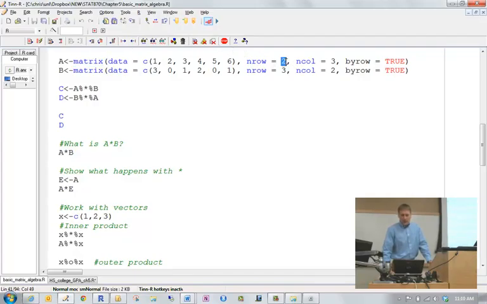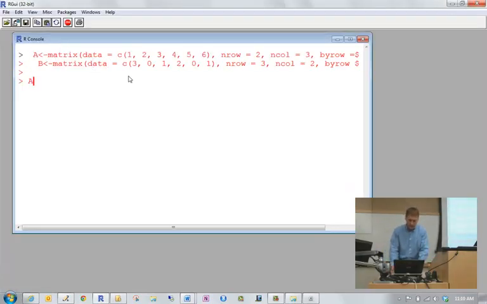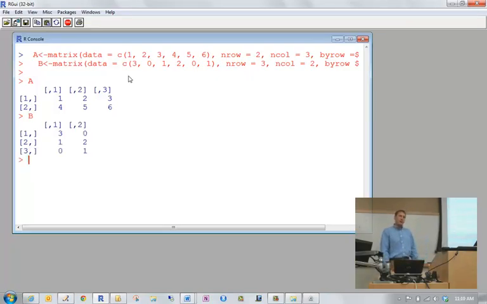You say the number of rows you have, the number of columns, and how you want to fill up the matrix with the stuff that's in data. So if I execute this here for A and B, we see A was created by putting in those numbers that are in the data argument, put them in the matrix by row. You notice how it's a 2 by 3 matrix. Here's what B looks like as well.